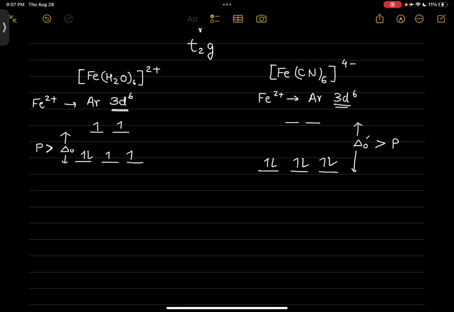But if the gap is more, don't put the electron at the higher energy level. Just put them in a more stable way, follow the pairing and put them at the lower energy. Got it? Is it clear or not?